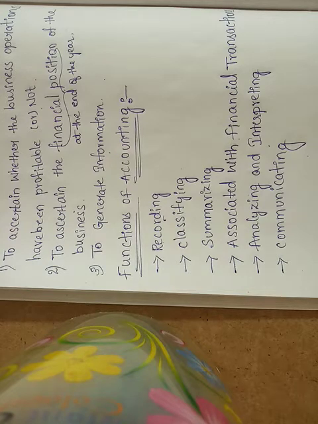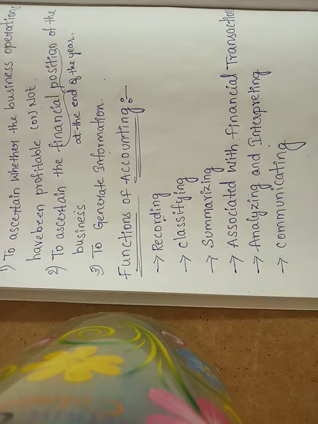So it mainly deals with recording all financial transactions of a business in a sequential order or chronological order. Systematic means what? Date wise. Whenever we record a transaction, we must follow the date wise order.